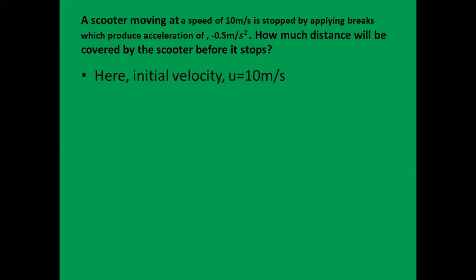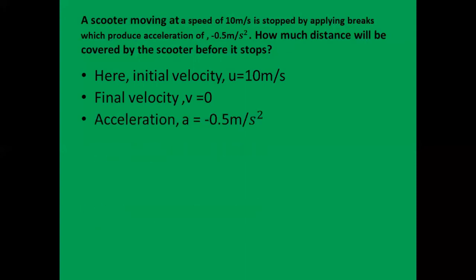Here, the initial velocity is given in the problem, so we can write initial velocity u is equal to 10 meter per second, and the final velocity is also given, v is equal to 0. The question asks how much distance will be covered by the scooter before it stops. From this sentence we can identify that it is going to stop, so the final velocity of the scooter will be 0.